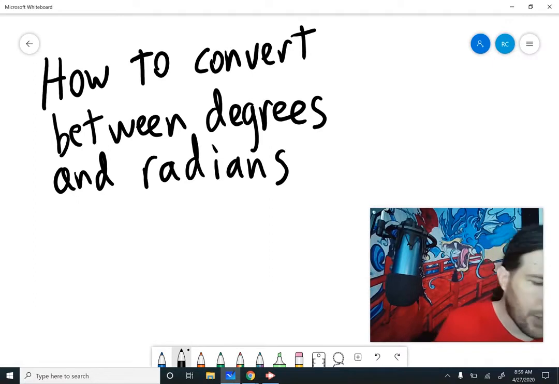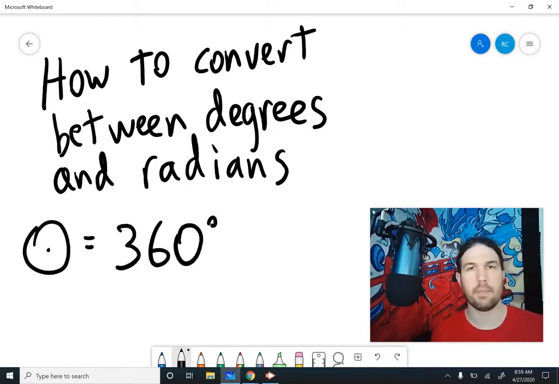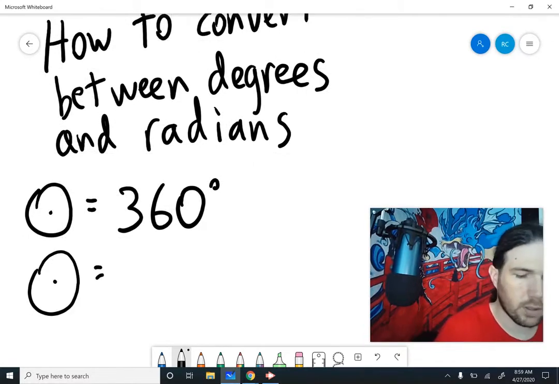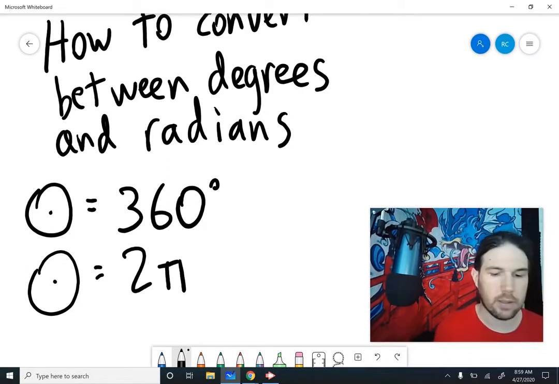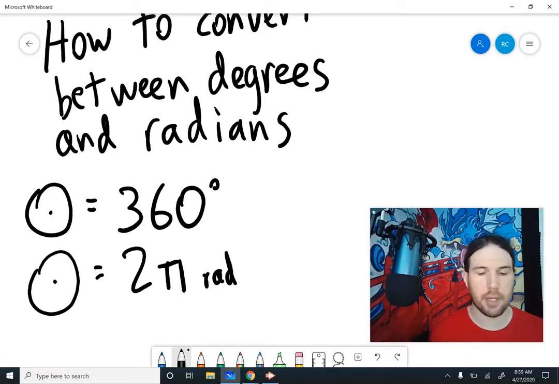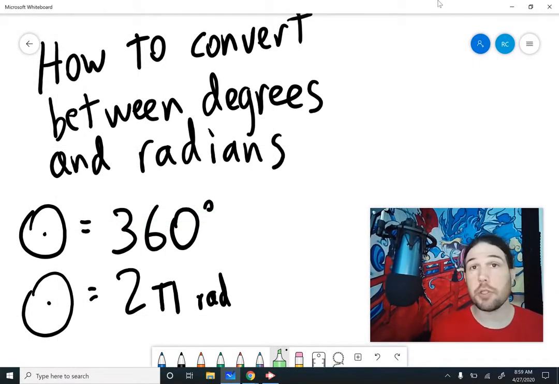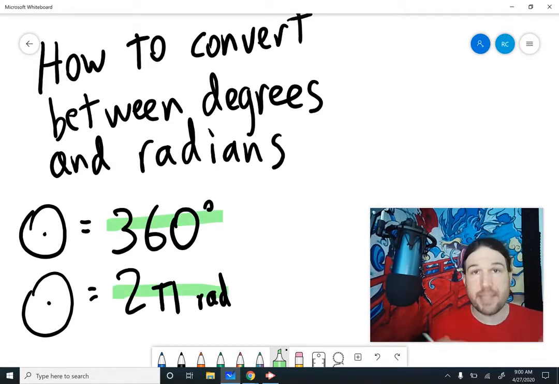So we said that a whole circle is 360 degrees, right? But we also know that a whole circle, well, we just came up with how many radians there are in a circle. There's 2 pi of them. I'm going to use RAD for radians, just like your calculator. So it shouldn't be too big of a leap to see that 360 degrees and 2 pi radians are the same value, right?